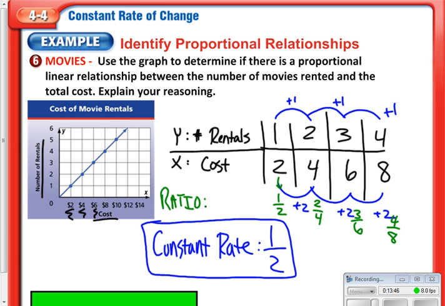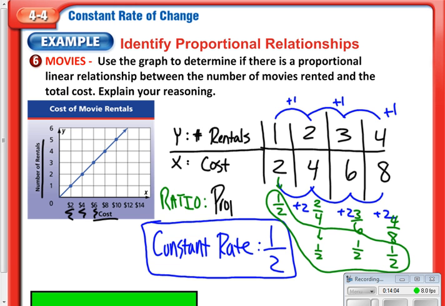Now we can reduce this, 2 over 4, 1/2, 3 over 6, 1/2, 4 over 8, 1/2. Notice that all the ratios are the same. They are constant. So you would say that this is proportional.